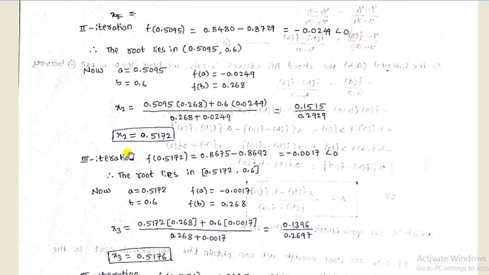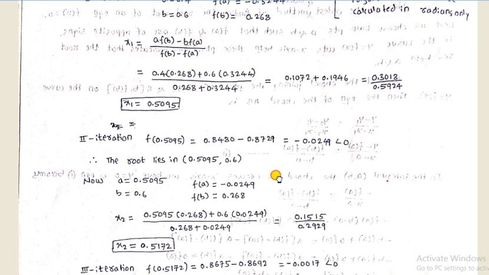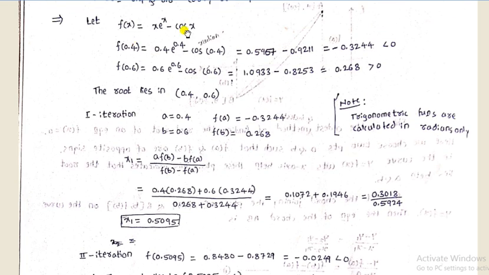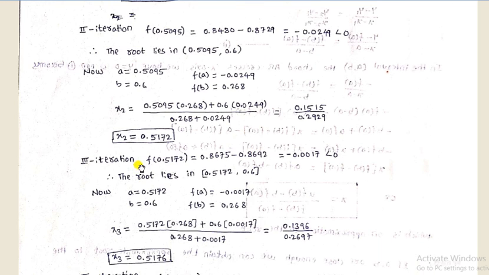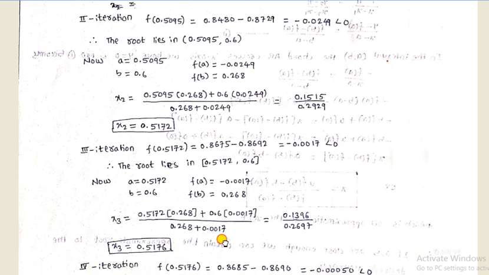Then again, before calculating the third iteration, once again substitute the x2 value in the given f of x function and check whether it gives a positive or negative value. So again it gives a negative value, minus 0.0017. So in the third iteration we will take a value as 0.5172 and b value as again 0.6 and continue the process here.